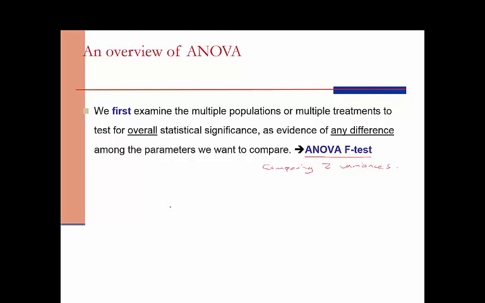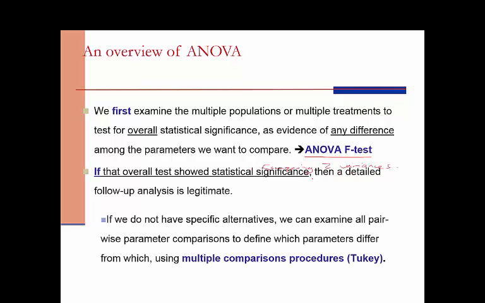So here is a little bit confusing and non-intuitive part. We're going to do a test on the means, the averages, but we're going to get to the solution by comparing variances. Okay? And only if the overall F-test showed that there is a difference between the means, then we're going to do something called a Tukey comparison test, pairwise test.